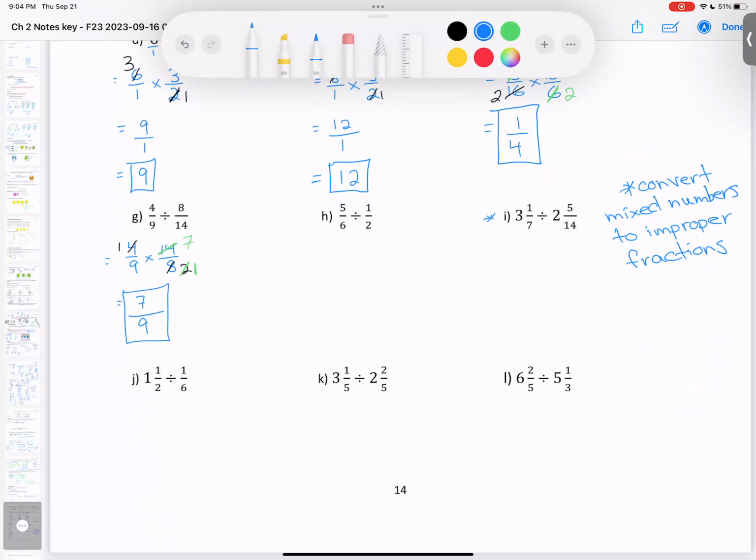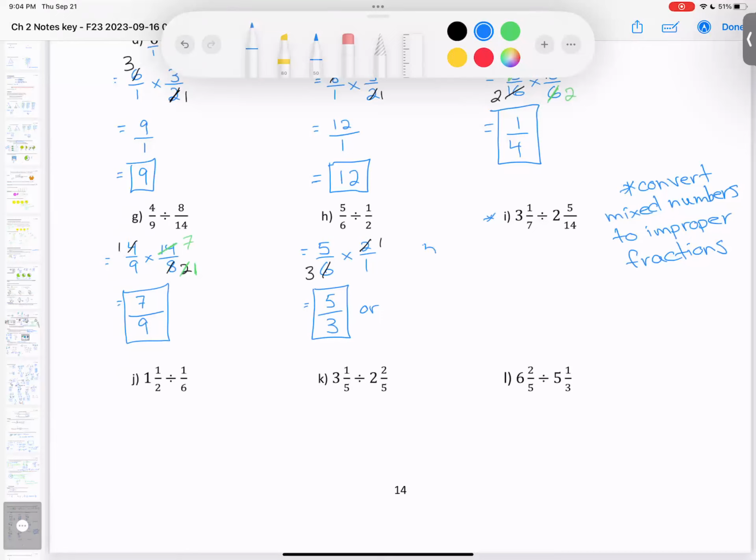All right, next one, 5 over 6 multiplied by 2 over 1. I can divide out a 2 here. And then I'll have 5 times 1 is 5 over 3 times 1 is 3. So 5/3. If you want, you can always convert this to a mixed number.